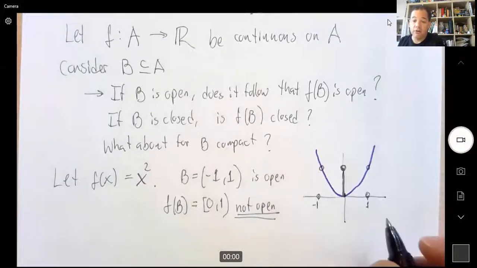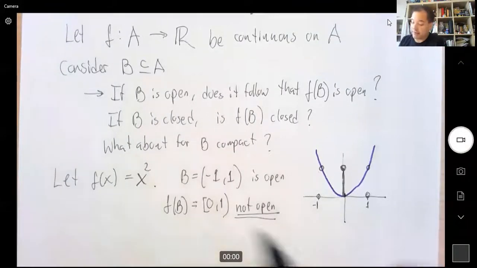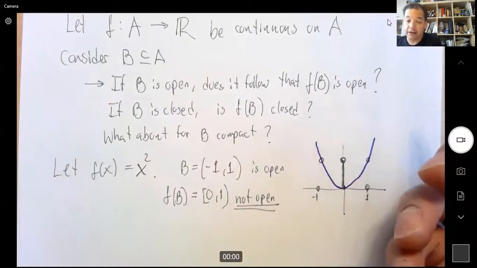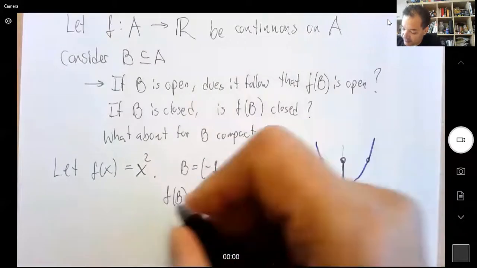So there's not a real chance that this will work. It didn't even work with a simple function like x squared. So that was a hopeless question, right? It's not true that if we have something open, it's gonna go to open, right? So this is not preserved, and that makes us sad, right?